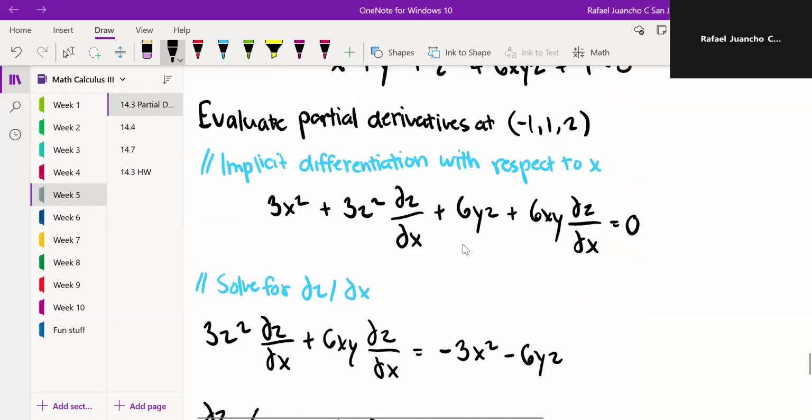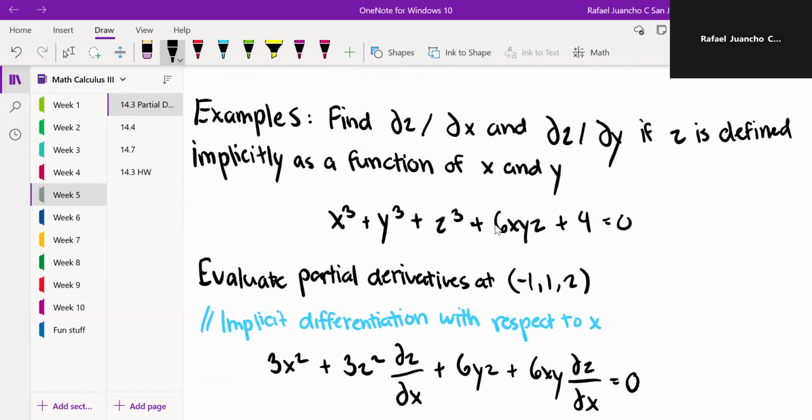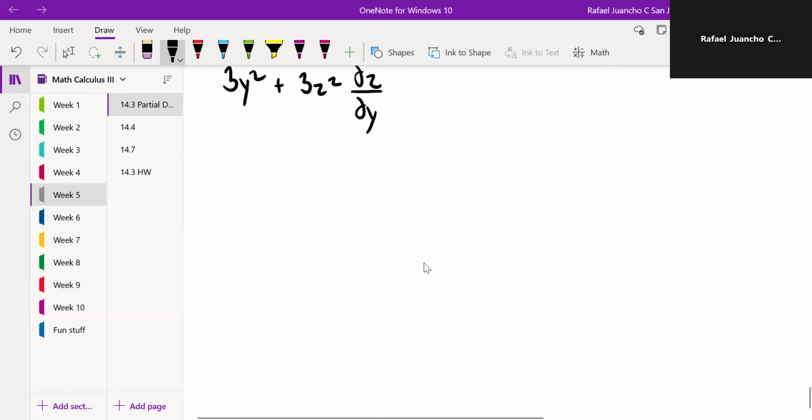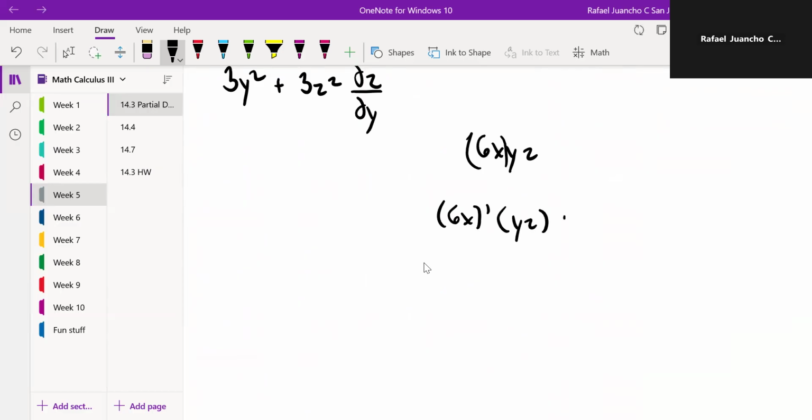And then we have 6xyz. So that one's the most confusing part. I have to dissect what this is. 6x here, I can treat it like that because that's a constant. And so let me do a product rule. And this one becomes a 0. So everything here is taken out. 6x stays as 6x.